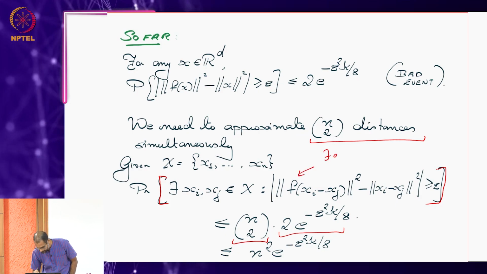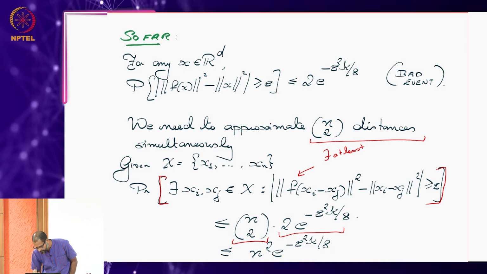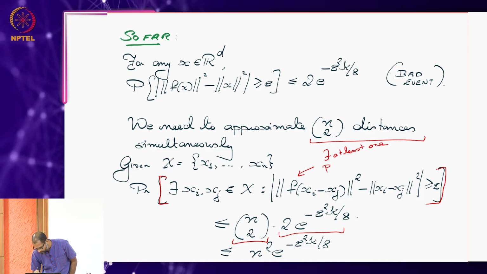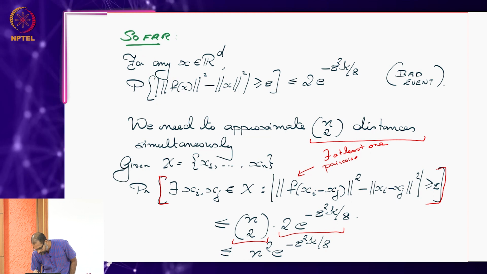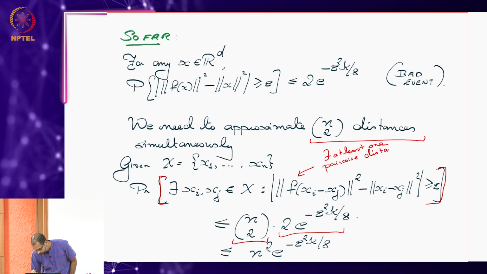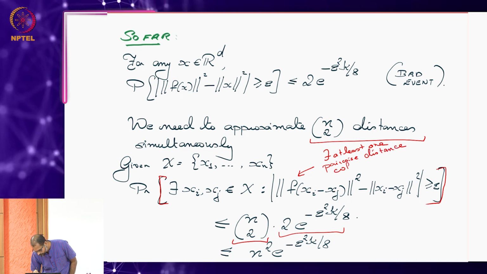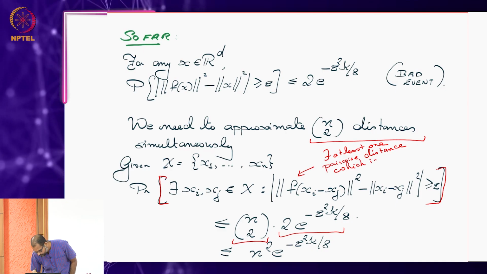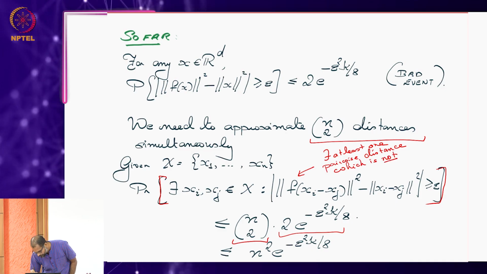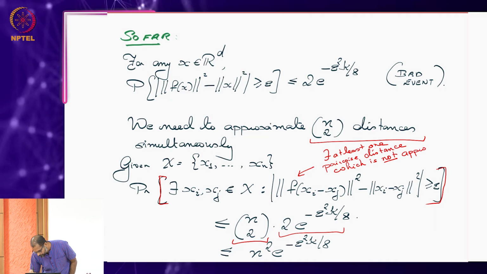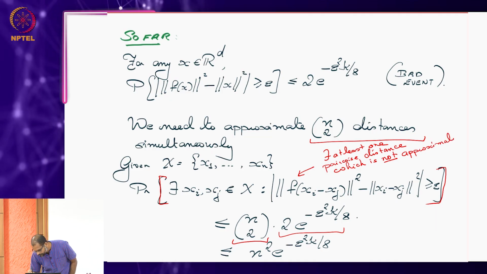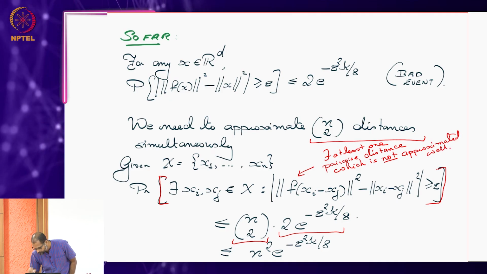There exists at least one pairwise distance which is not approximated well. Okay.